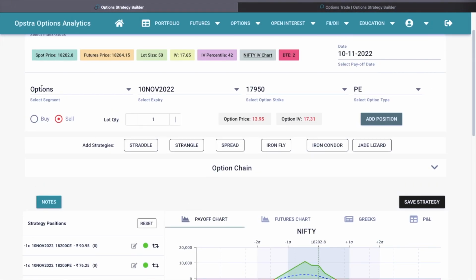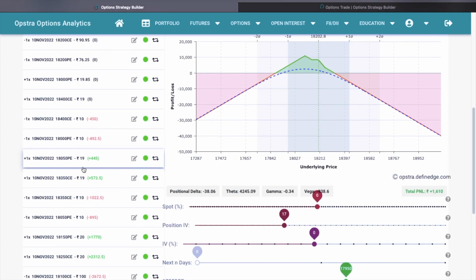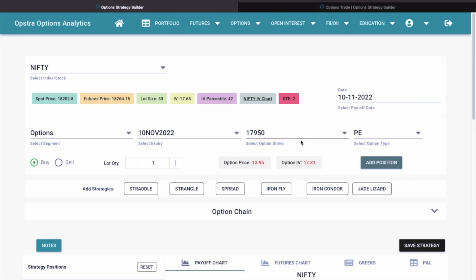Now again I will buy a closer strike option, for 18,100. So how will I be buying?